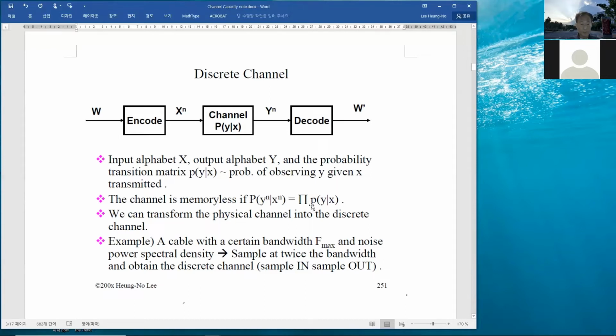This is the case where the distribution is IID for each channel use.